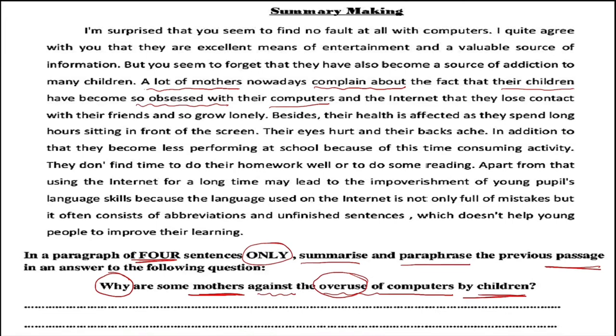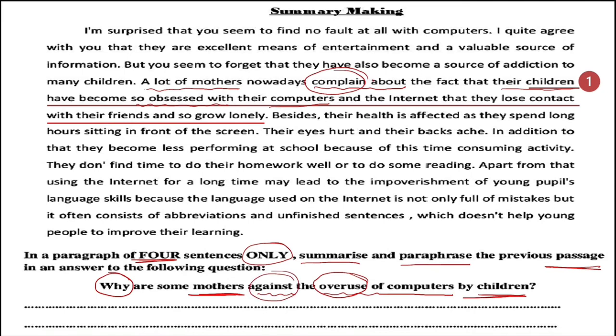So, if we continue reading, you'll find that children have become so obsessed with computers and the internet that they lose contact with their friends and so grow lonely. So, this is the first idea why mothers complain or go against the overuse of computers. Here, overuse is again like obsessed with.